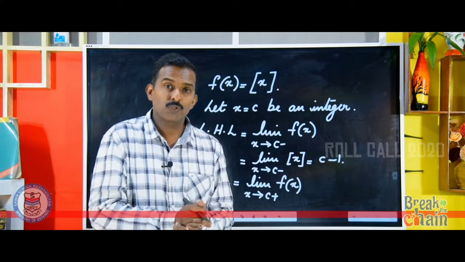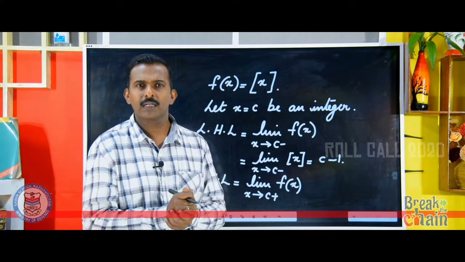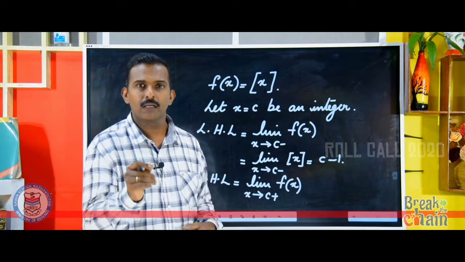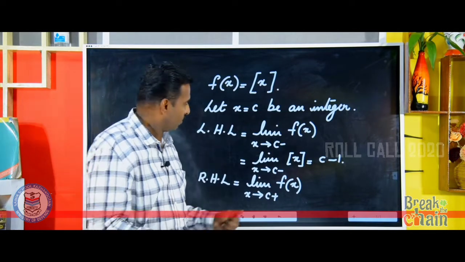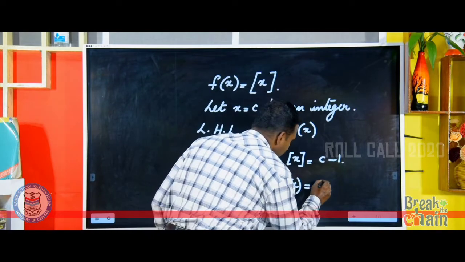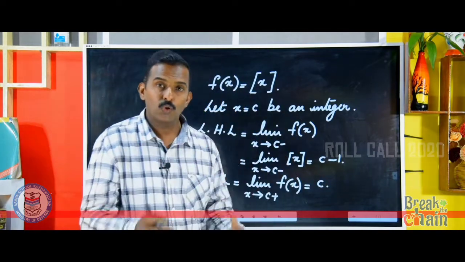Now 3 plus means not very far from 3, like 3.1 or 3.01. The greatest integer value will be 3. For 4 plus, the greatest integer value will be 4, and therefore for c plus, where c is an integer, the limit will be c. Now this you can conclude for any point.